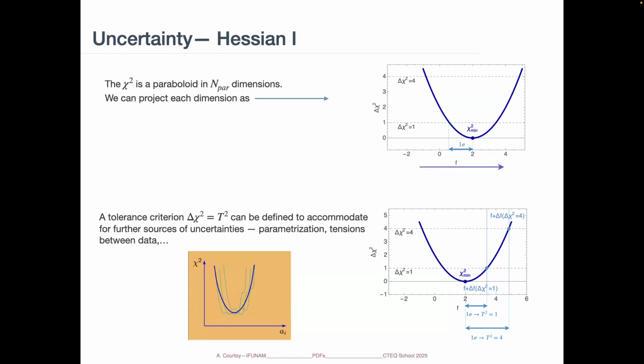That's what you get. But then what we know is that there are many sources of uncertainties to take into account here. That would come from propagating the uncertainty from the experiments, but then we also have uncertainties coming from parameterization, and I'm going to talk about that. Some tensions between the data. So you could, in principle, say, oh, those data actually don't quite agree, so we have to take into account some larger space. And in real life, you would have more solutions around that kind of shape that are a bit shifting, and you have more than one solution.